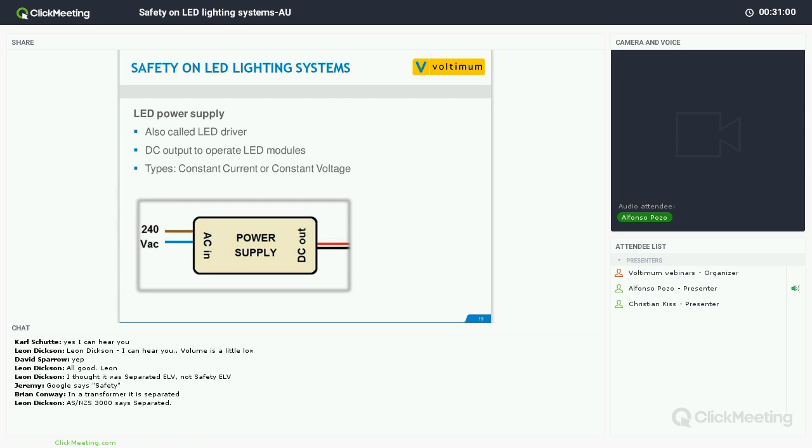Constant current drivers, as the name says, supply a constant value of direct current to the LED modules. They are the most common and versatile types. And then there are constant voltage drivers, which supply a fixed value of forward voltage, usually 12 or 24 volts DC. They are generally more efficient than constant current, but on the other hand, more sensitive to temperature changes.